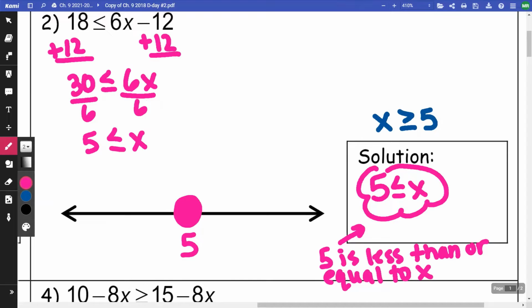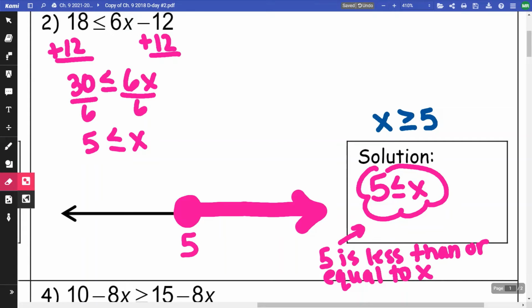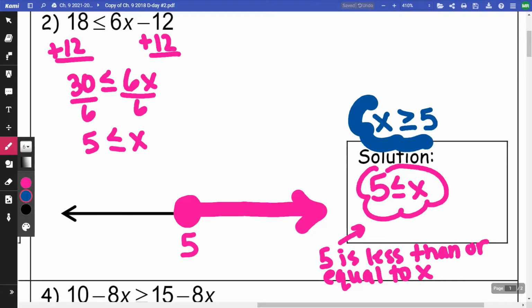And what we're trying to do is graph our x. So if 5 is smaller than or equal to x, then x is going to be greater than the 5. So we're going to be shading that direction. Now you probably understand it when you are seeing it in this form here, but both of these are the same.